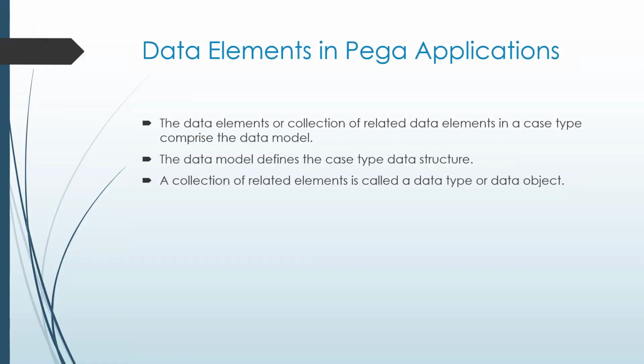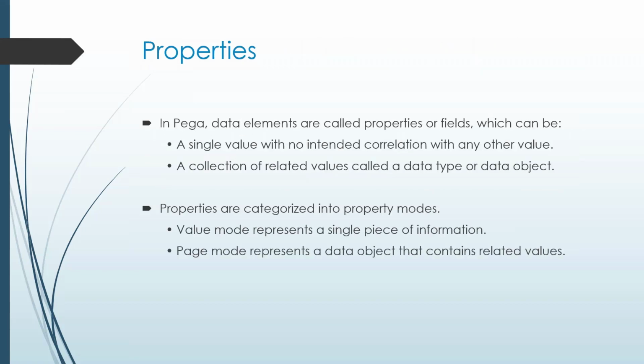Now when I try to classify things based upon these single valued properties and these data objects, we have two classifications. The first one is value mode, where everything relates to a single piece of information without any logical relationship.